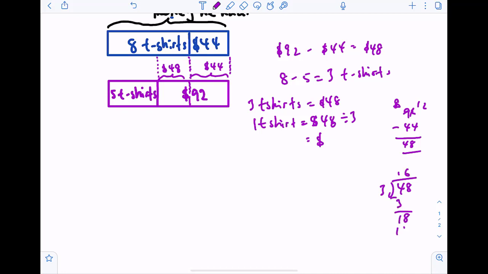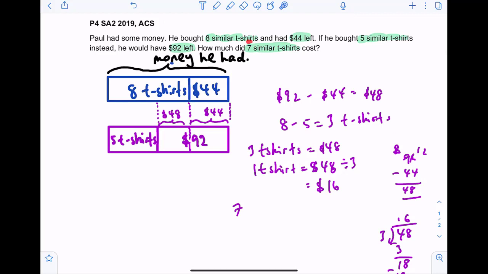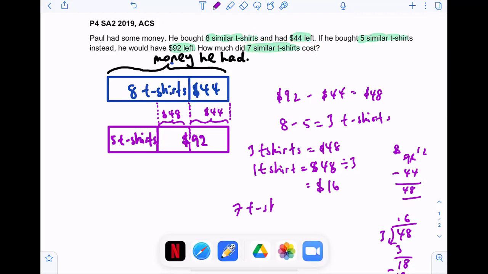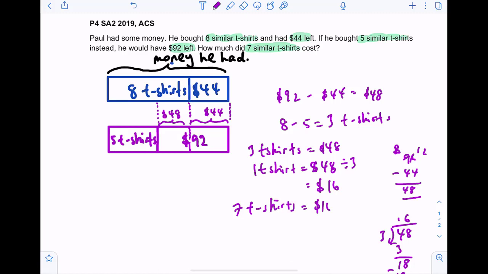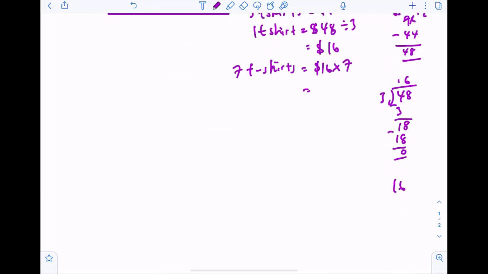Okay, which will be $16, and I want to buy, or rather I want to find a cost of 7 similar t-shirts. $16 times 7. 112. Answer $112.